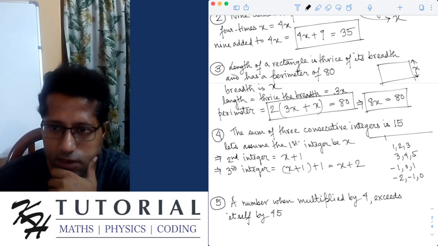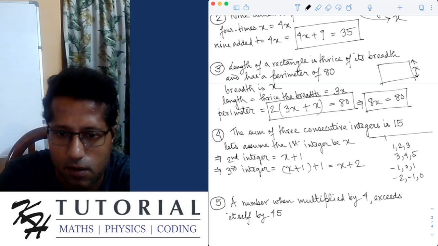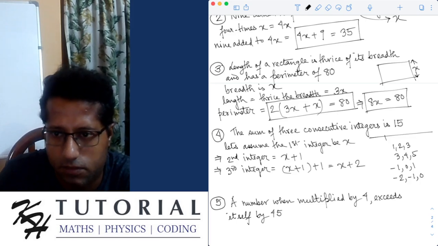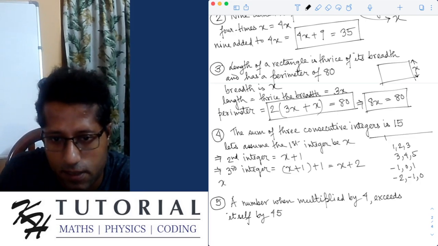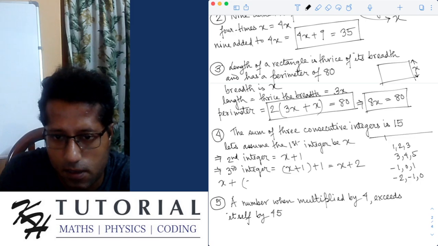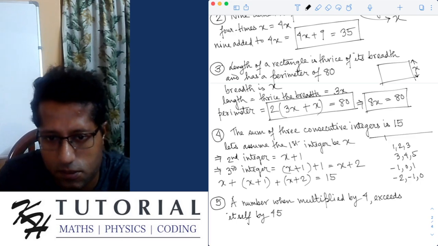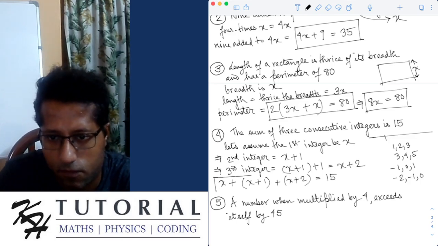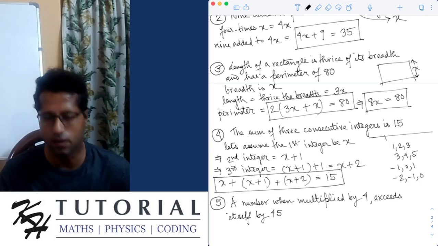Now it is given that the sum of the three consecutive integers is 15. So we can say x plus x plus 1 plus x plus 2 equals 15. This is the linear equation we have formed from the given word statement. Now it can be further simplified and solved.